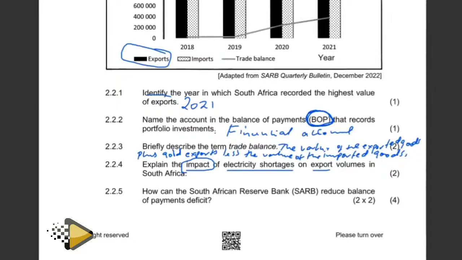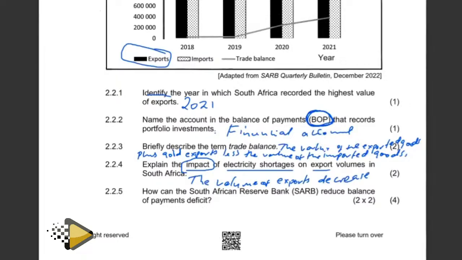So it means that in this regard, the volume of exports is going to decrease. Why decrease? Because businesses are struggling to produce enough goods and services. So we are saying that the volume of exports decreases.